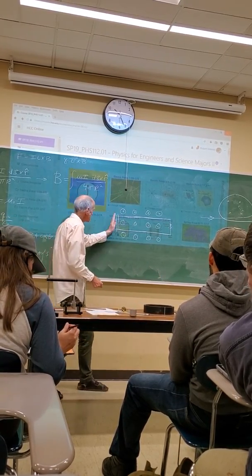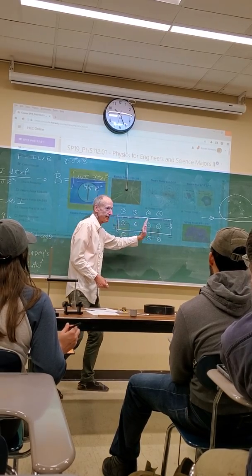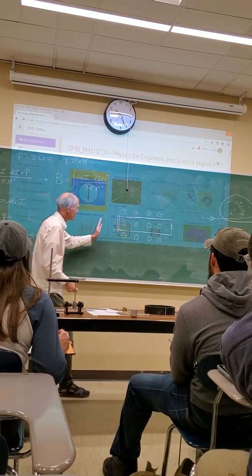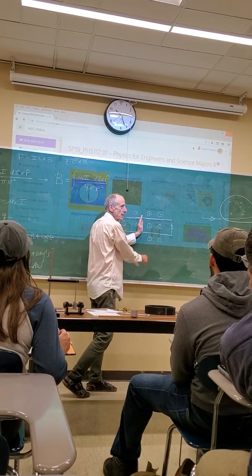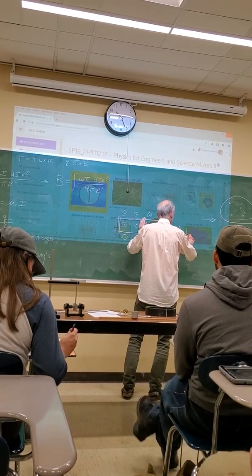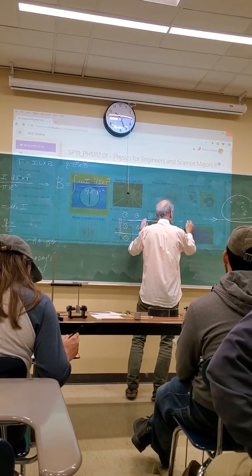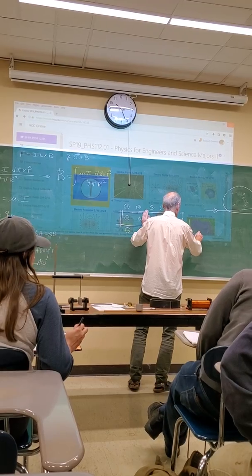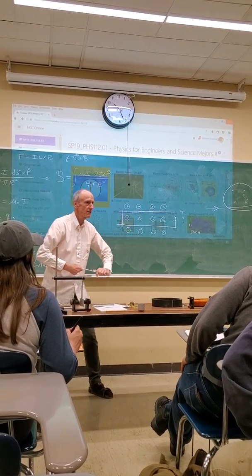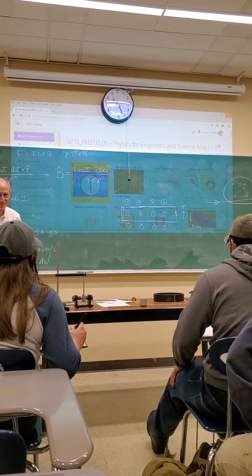So let's slide it this way and use Lenz's law to predict the direction of the current through the resistor. It's either going to be up or down. And so you've got a 50-50 chance of getting it right, so you might get it right for the wrong reason.